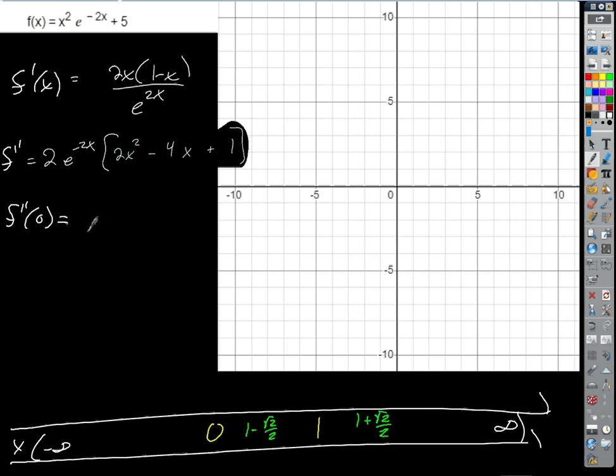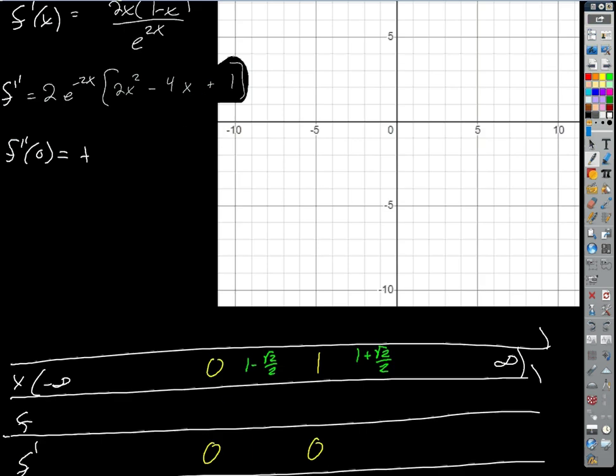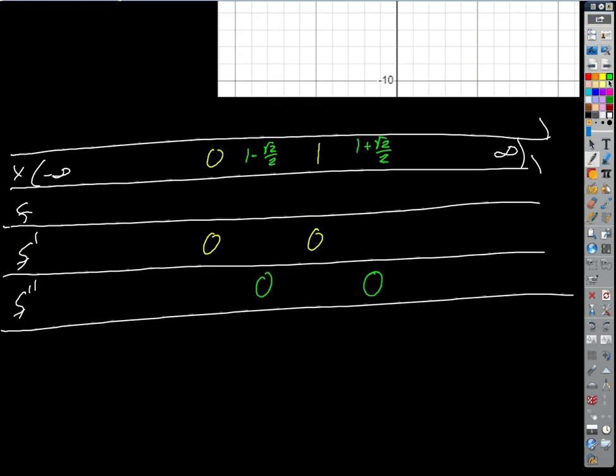So I get positive. So what does that tell me about the nature of that guy? It opens up. So it opens up and I have 0 first derivative, so we know we have a horizontal tangent and an upward opening function. Okay, so it's a minimum, it's a happy function, right?